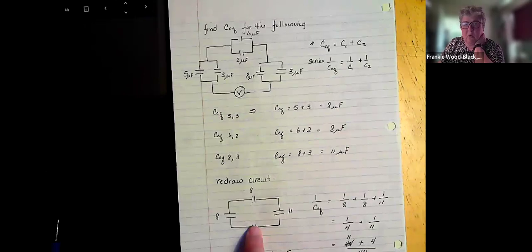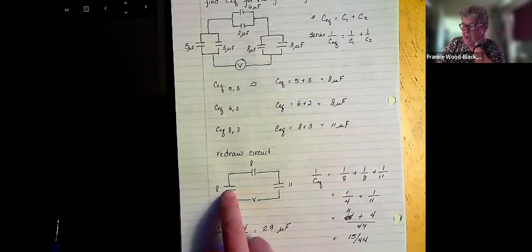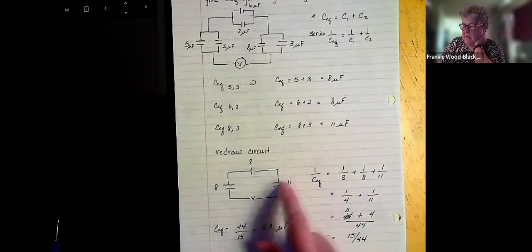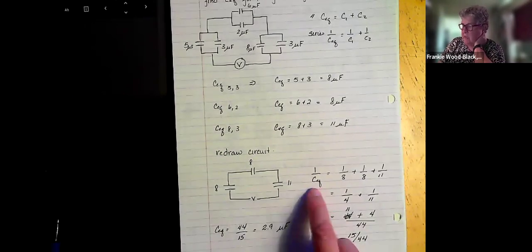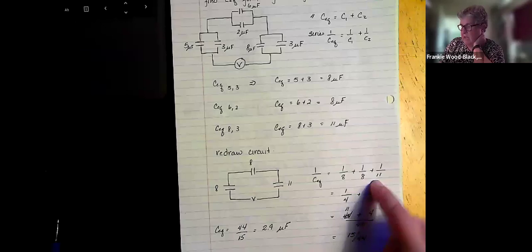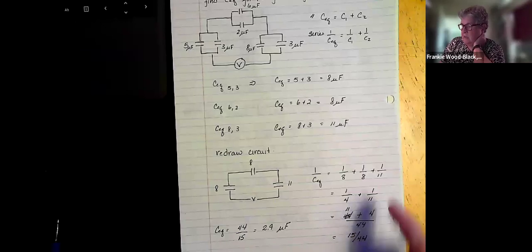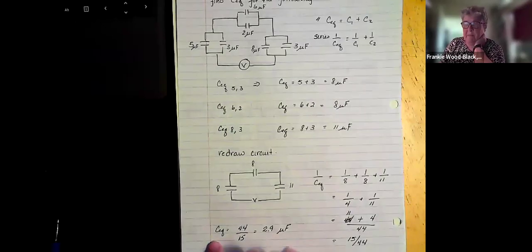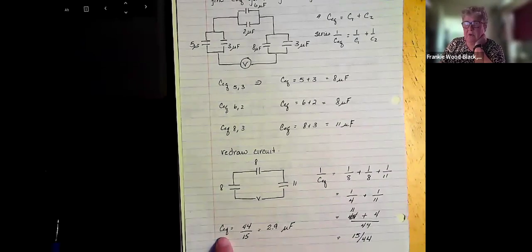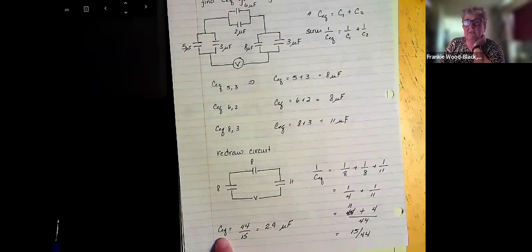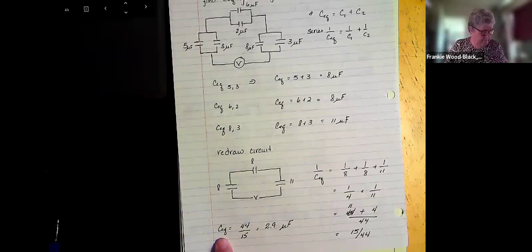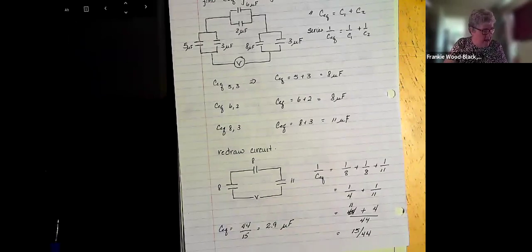And then I can redraw my system so that now I've got that one is 8, that one's 8, that one's 11. And now I will do this part of the calculation. Get that, but I have to flip it in order to get my equivalent capacitance. And again, I will add a variety of problems in there.